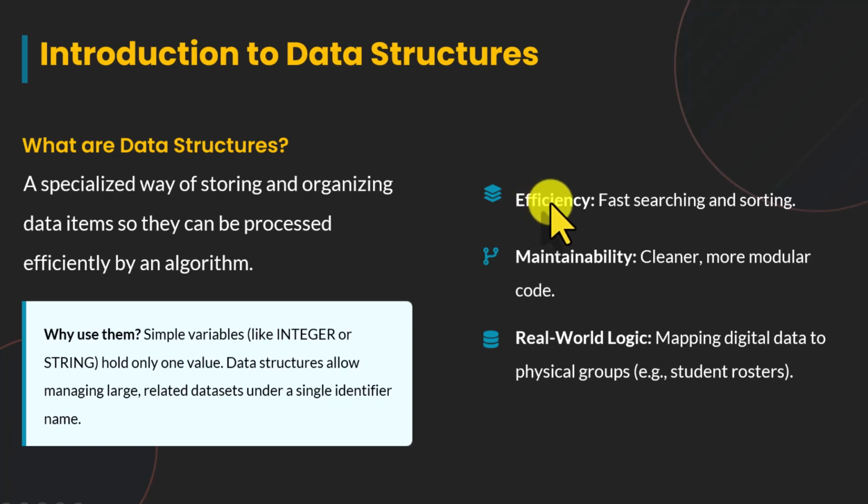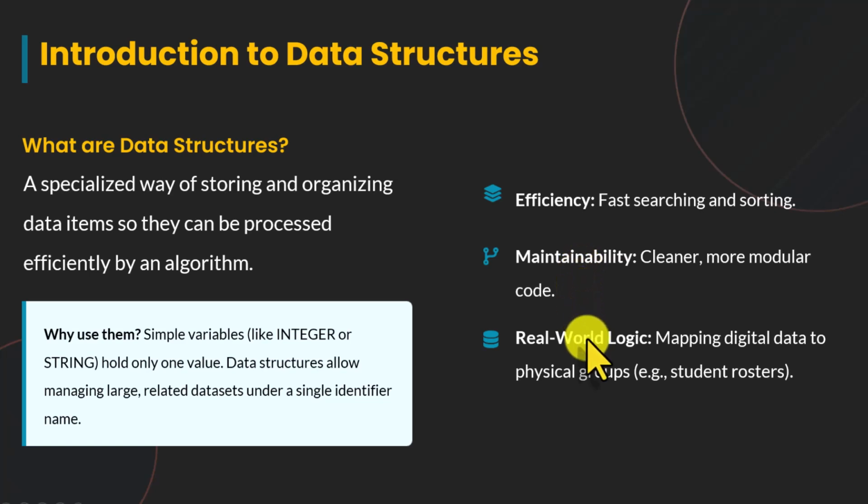They are good for efficiency, for searching and sorting. Then maintainability: they are much cleaner. Instead of writing 10,000 names for variables, I'll simply use one name and write my code. So this is much cleaner and more modular code.